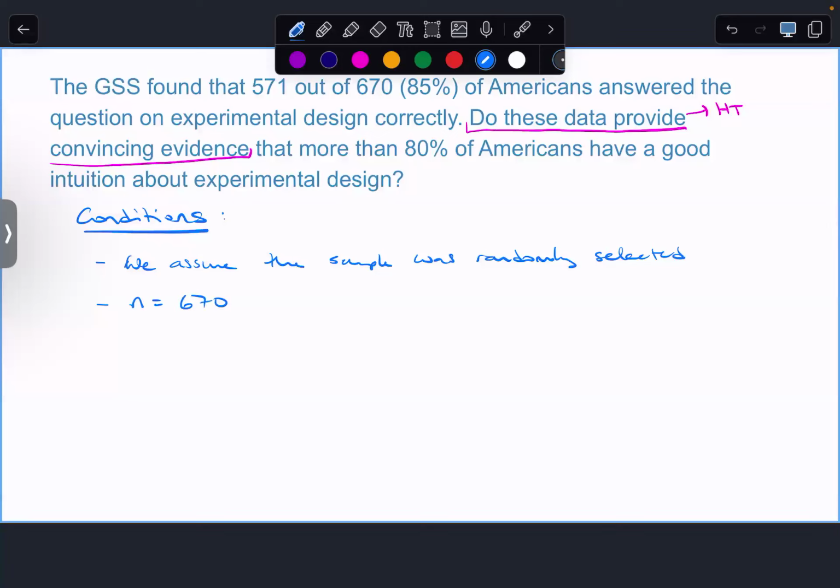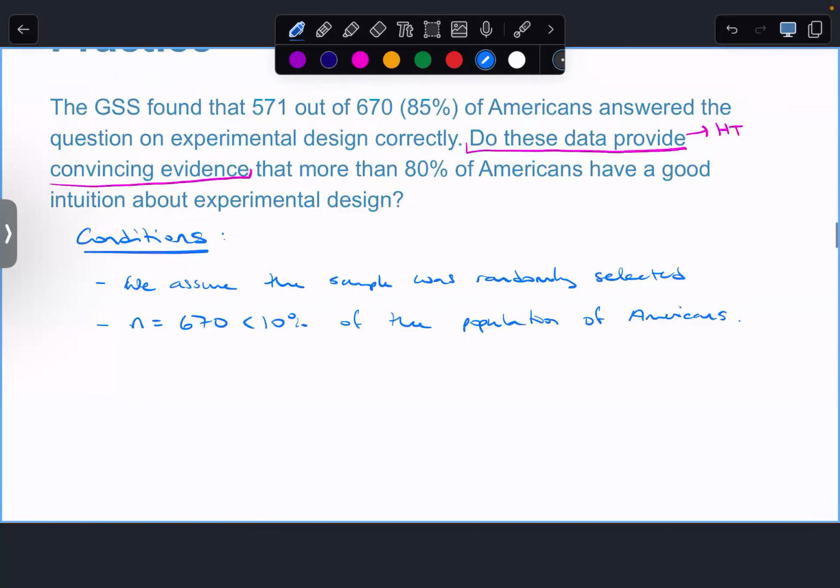N of 670 is less than 10% of the population of Americans. That's the same as before. Same as the confidence interval.